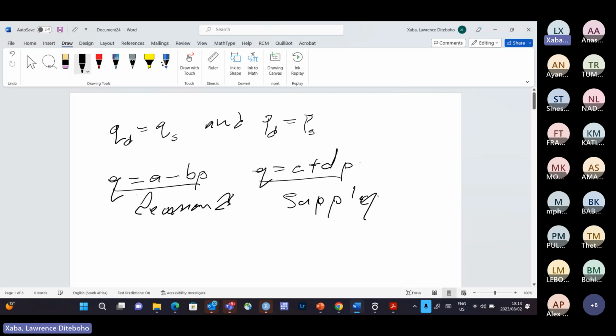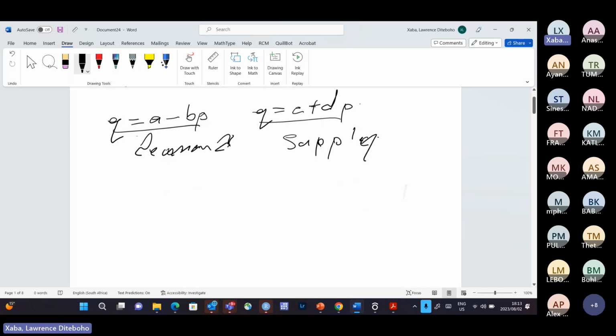So if you remember, this is our linear function for demand and supply.